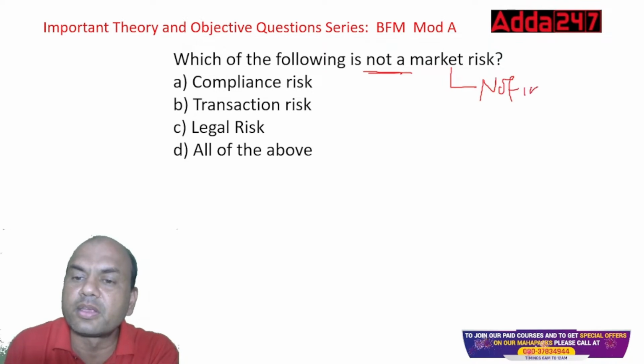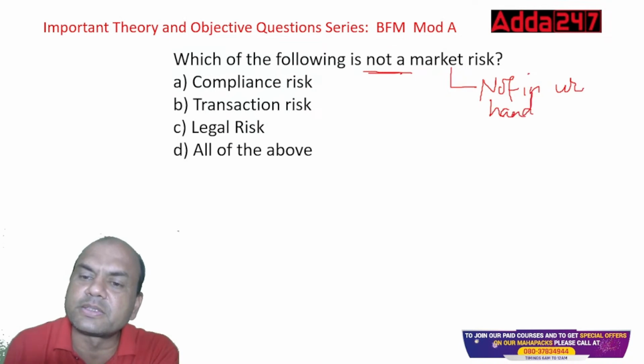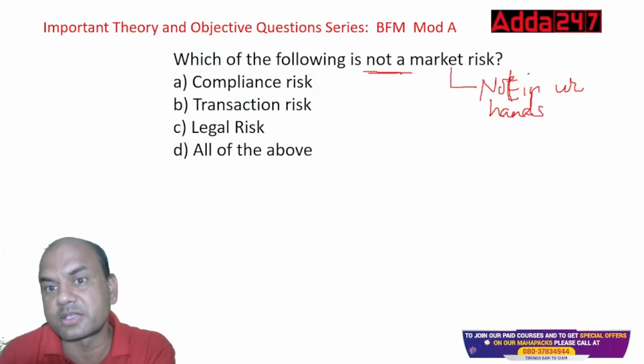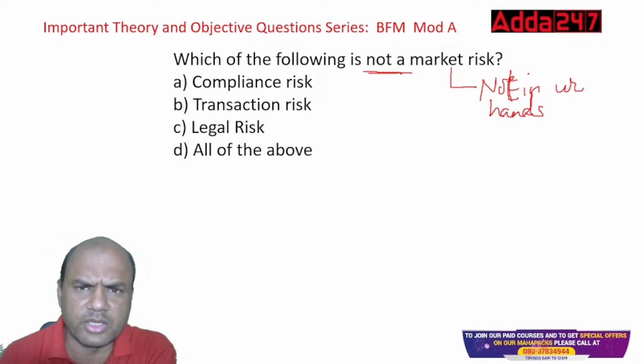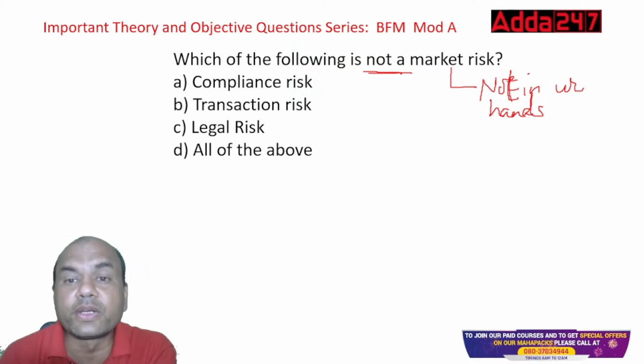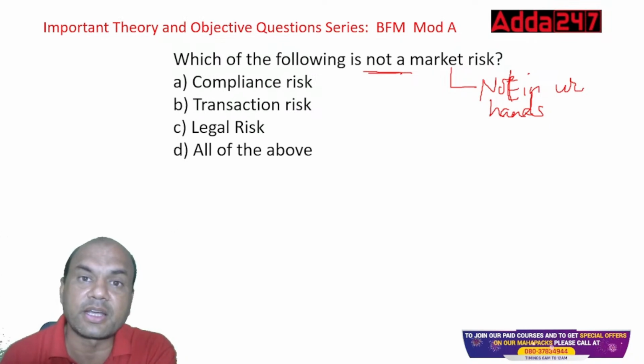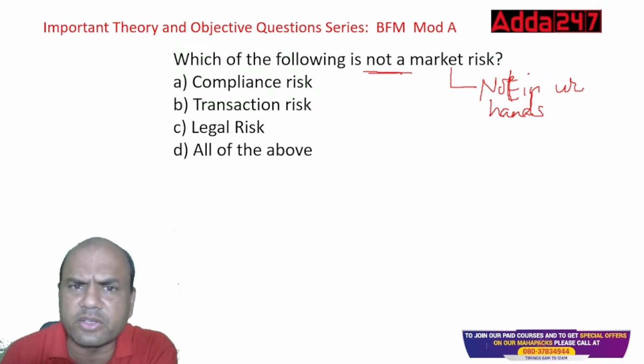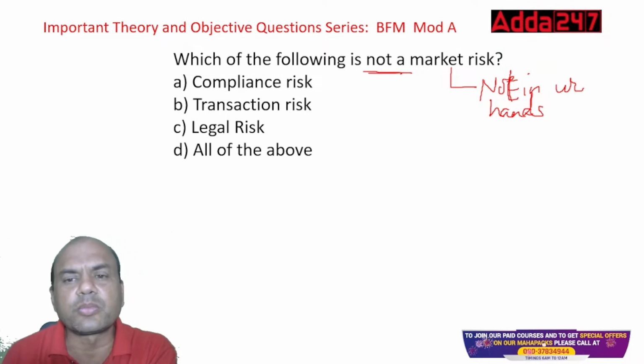Keep it very simple language. The Russia-Ukraine war, not in your hands. The COVID situation, not in your hands. RBI changing the repo rates, not in your hands. So this is all market risk.